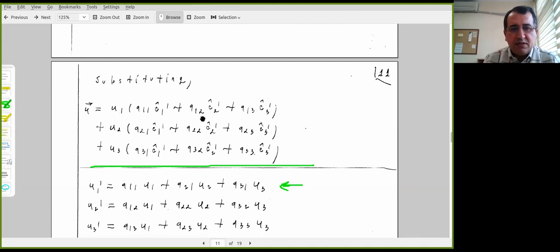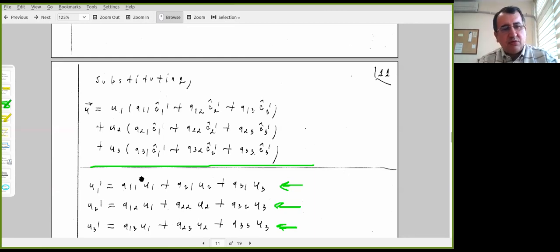The second term is A12 v1 plus A22 v2 plus A32 v3. This is v2 prime, and the third is v3 prime. Therefore, v is v1 prime e1 prime plus v2 prime e2 prime plus v3 prime e3 prime. And each component is found. It's called the coordinate transformation for this vector.